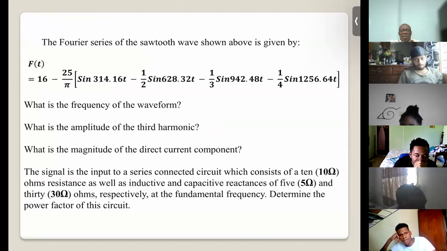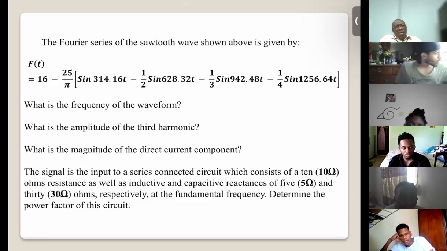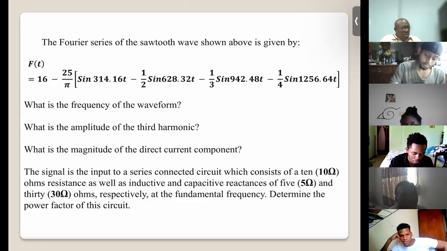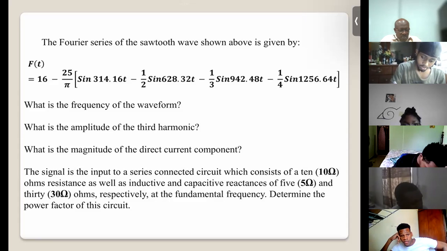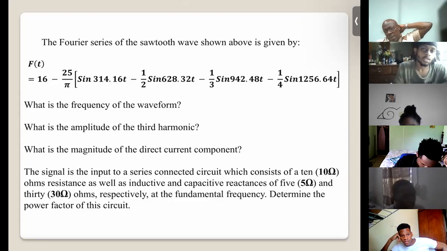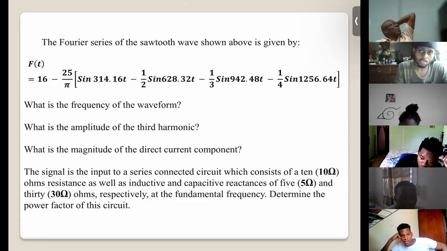Don't worry about that section which asks you for power factor. That is something that we'll thrash out next week, Wednesday, in our final class. I have to accept that we can't finish everything today. Now, I'm not going to do the question, but I just want to highlight a couple of things.